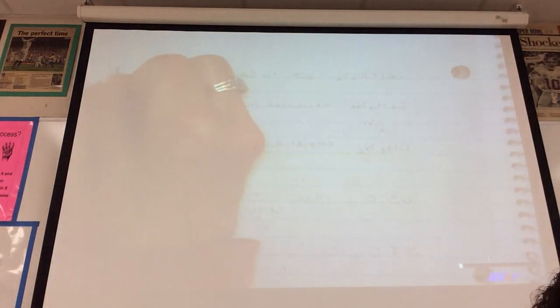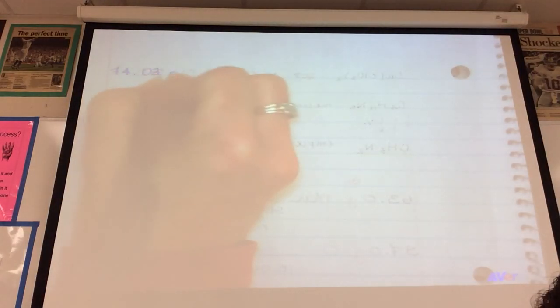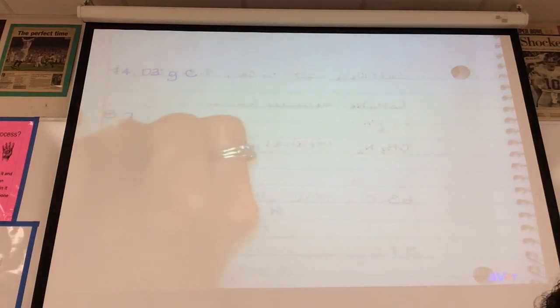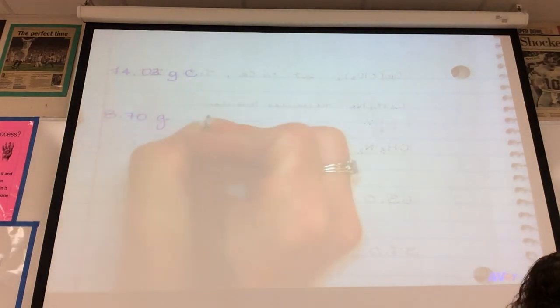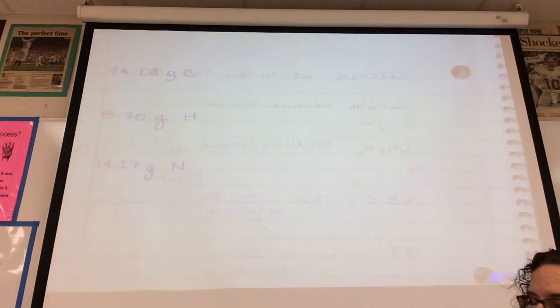Just more busy work. We hate busy work. 74.03 grams of carbon, 8.70 grams of hydrogen, 17.27 grams of nitrogen. First step complete.